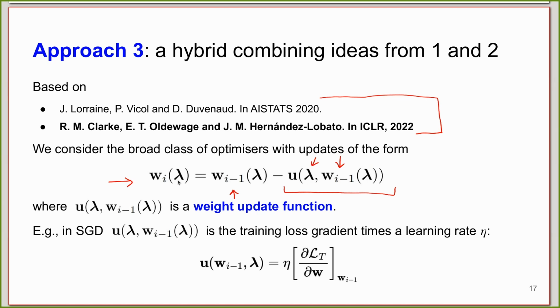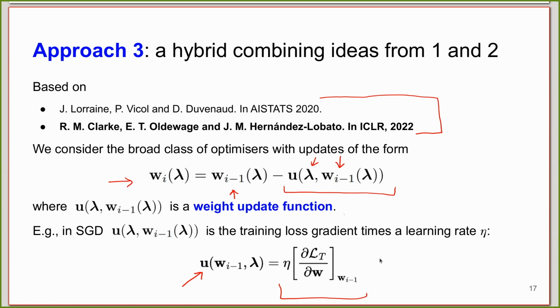So we have this weight update function, we call it U, and as I said, in SGD, for example, it would be just the learning rate times the gradient of the training loss. This could be a mini batch gradient. This could be the learning rate times the gradient of the mini batch.